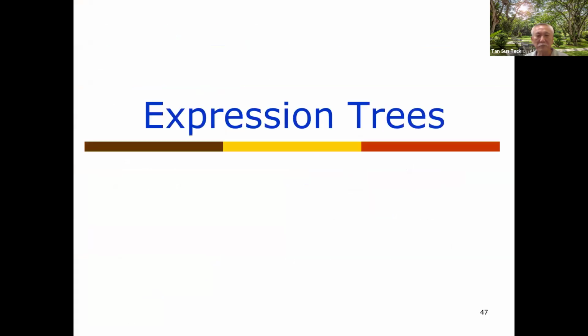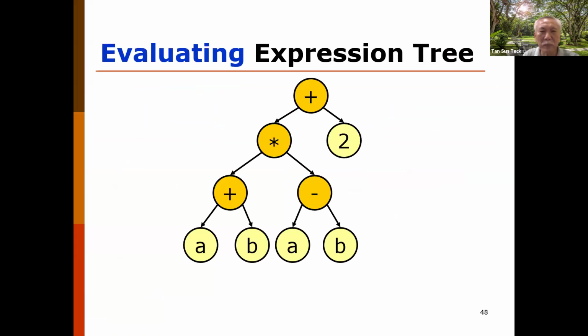Okay, expression trees: how do you represent them, and how do you evaluate them, given some expression tree? Evaluating an expression tree goes this way. You can see that every internal node is an operator, and for this one we are just dealing with a binary tree, so each operator will have two operands.